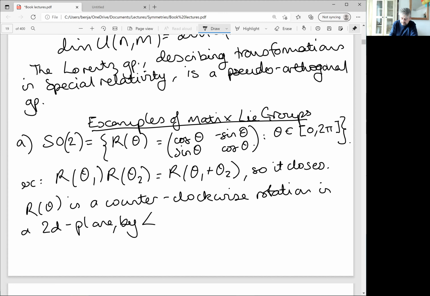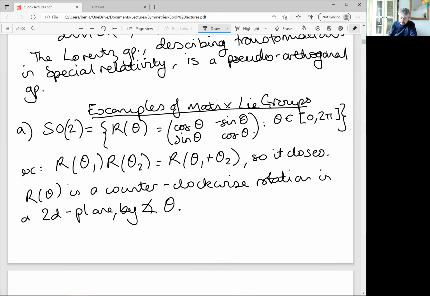By an angle theta. Okay, so the group manifold is just this circle with radius 1. That's the same manifold as U1.